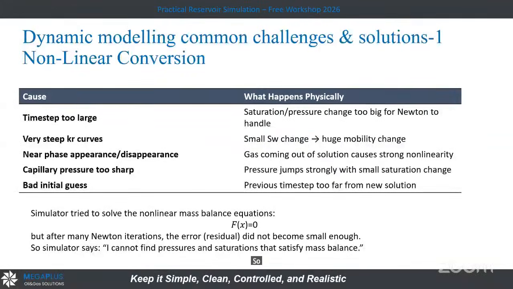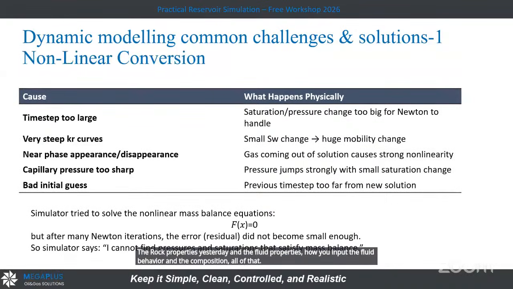So, dynamic modeling, common challenges and solutions. I finished the rock properties yesterday, and the fluid properties, how we input the fluid behavior and the composition, all of that. Now I will focus on some challenges and solutions you can face in this phase after initialization.